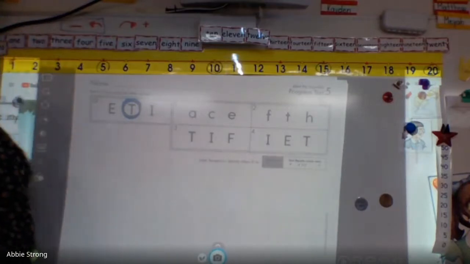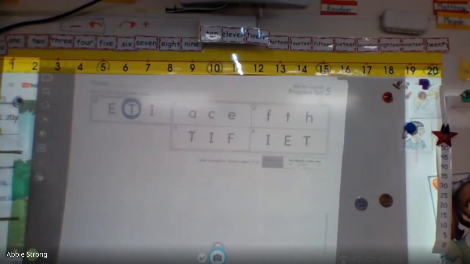When you have that circled, uppercase E in box number 4, you're doing uppercase F in that box.